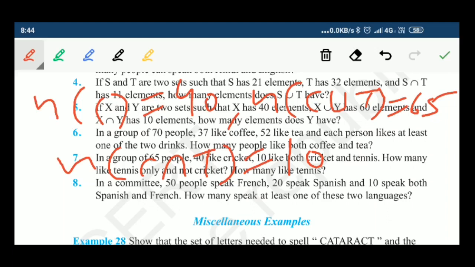So let us suppose the number of people who like cricket is 40, the union of cricket and tennis is 65, and the intersection of both is 10. These things are given, and we have to find only those people who like tennis but not cricket. So see its solution.